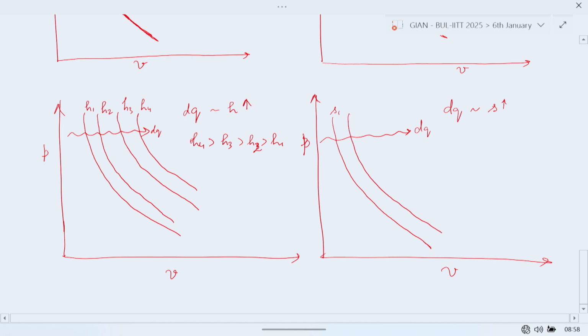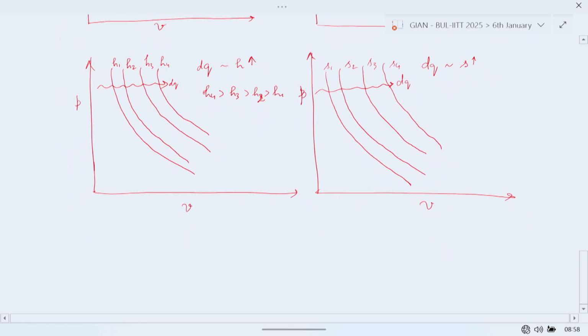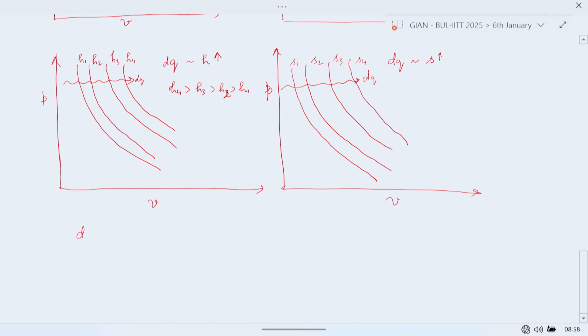S2, here S3 and S4. Now what we could summarize from this is, we can say that the addition of heat will cause the enthalpy to increase. The addition of heat will also cause entropy to increase.